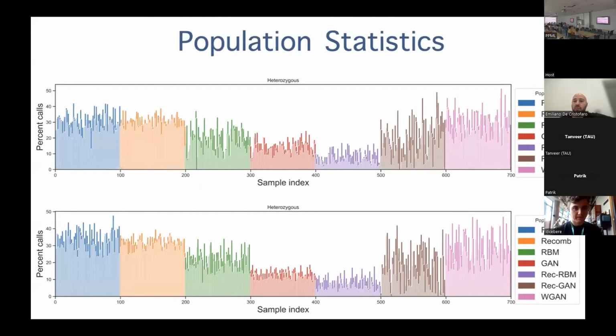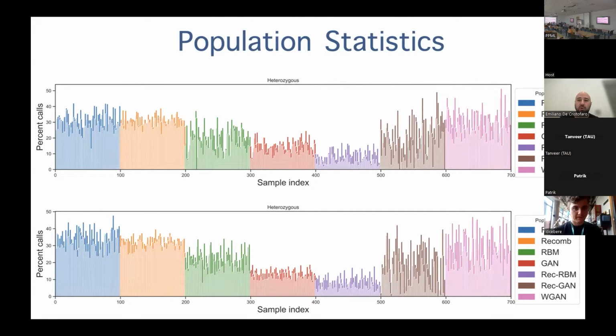So then the next thing we do is look at population statistics. So really the percentage of calls, the percentage of things happening within a population. And so we look at different genomes, real genomic data sets, again, run on different outputs of the algorithms.